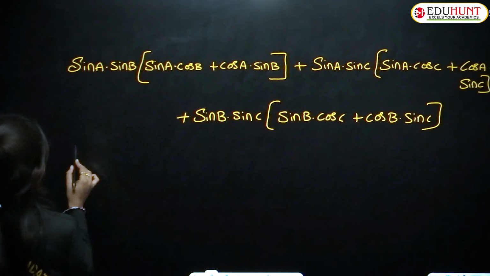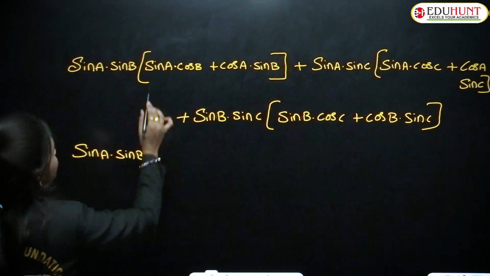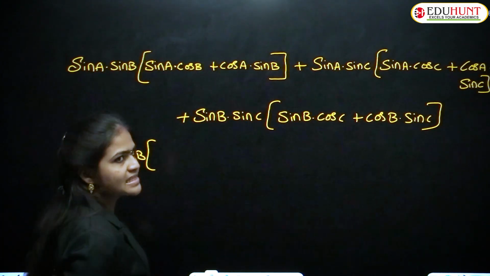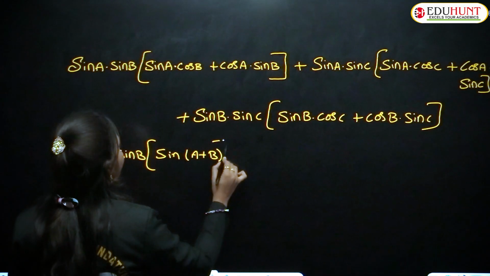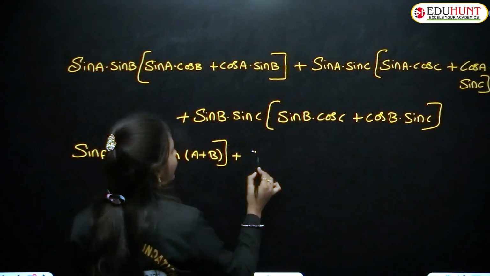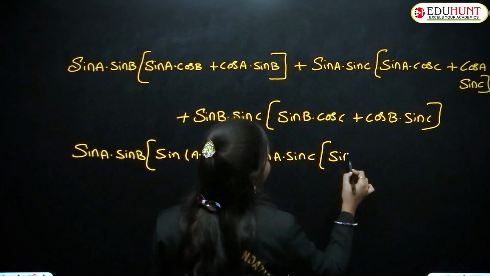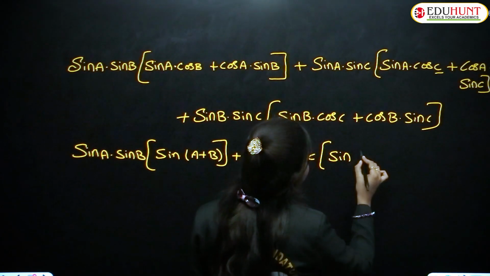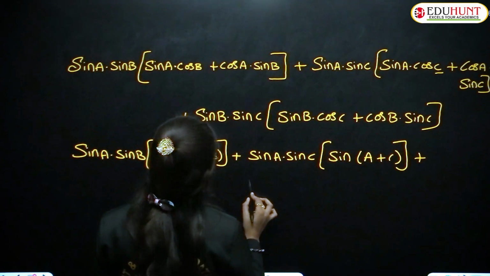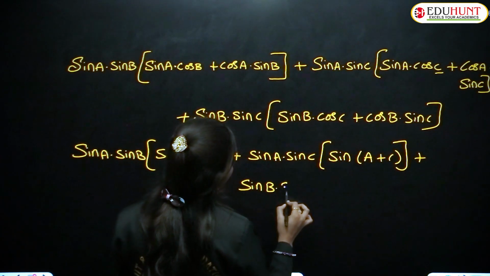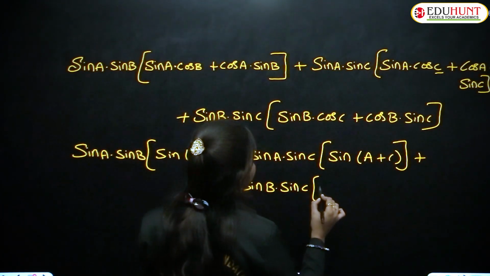Am I clear? So from this one, sin A into sin B into, this is the formula for that, sin A cos B plus cos A sin B. So that is the formula of sin of A plus B. So similarly here also, sin A sin C into sin of A plus B. At the place of B we are having here C. So sin of A plus C, plus the last term, sin B into sin C into, again here sin of A plus B formula.